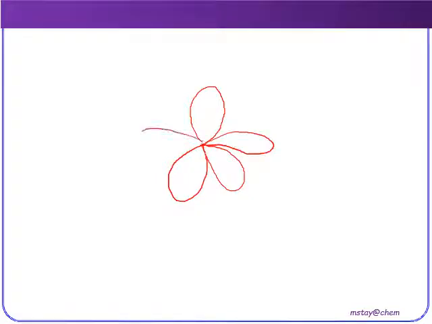Okay, then we are going to draw the shape for the ICl4+ with a shape of trigonal bipyramidal. So we try to draw a trigonal planar first, followed by a linear shape.